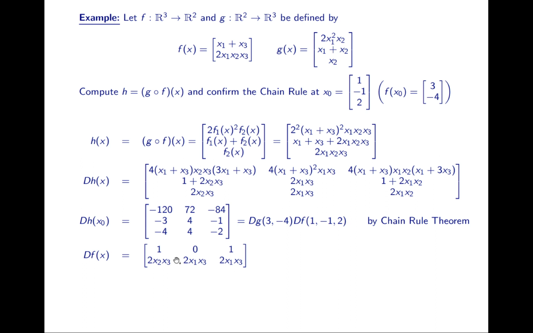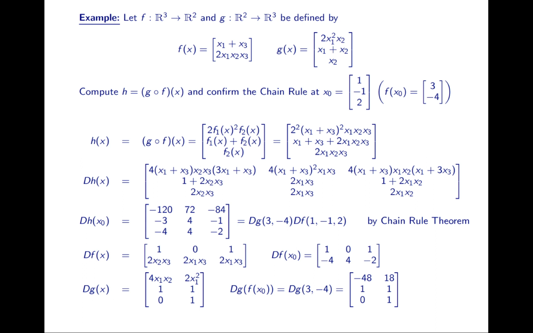So the derivative of f, take the derivative of this expression. That is, take the gradient of this first function, transpose, (1, 0, 1). Take the gradient of this function, transpose, I get this expression. Evaluate at x naught, I get this matrix. Similarly for g, take the derivative of g, evaluate at f of x naught, which is the vector (3, -4), I get this.